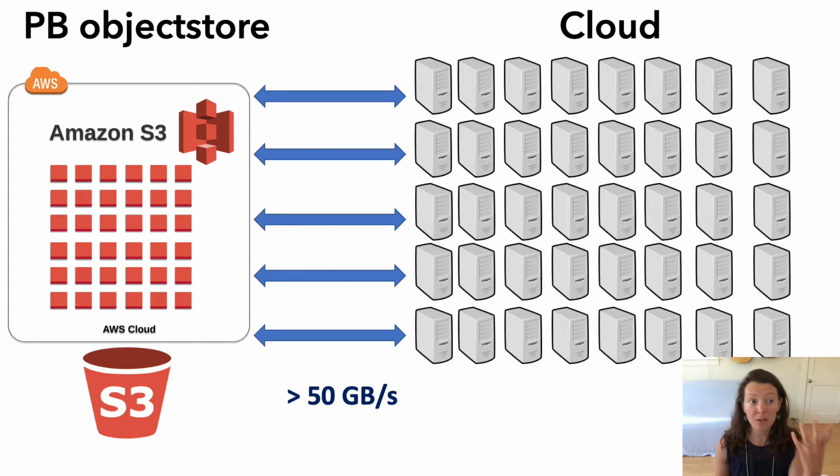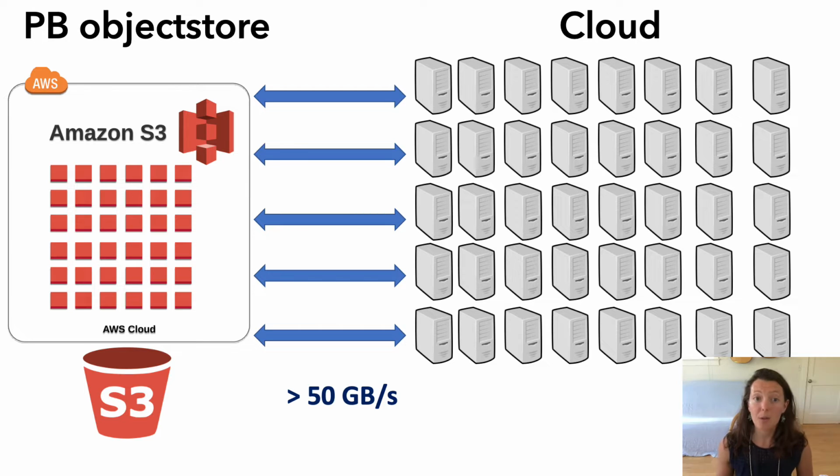Cloud computing is both in terms of storage and of compute. On the storage end, you see on the left a petabyte object store, which I'm using the cartoon and jargon of Amazon AWS, where each of these squares here is representing a file or an object. All of them are gathered in an S3 bucket, and each of these can be queried with an HTTP request.